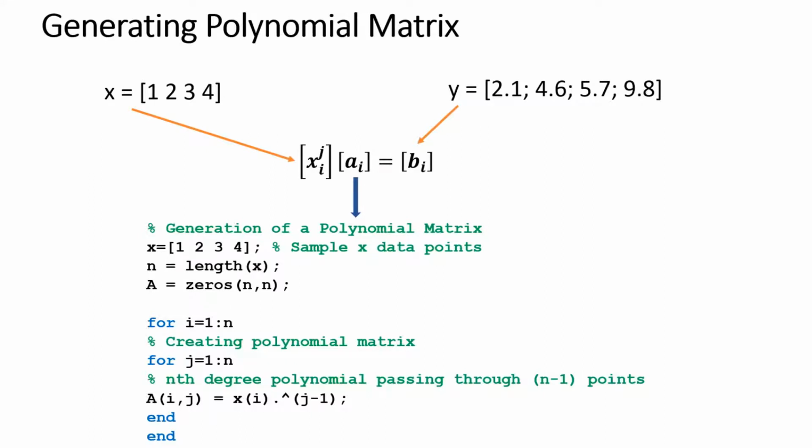To generate the 4 by 4 polynomial matrix from a single row vector, I have written a simple code using for loops. We have 4 data points, so the degree of the polynomial would be 3, and that's why in this loop, the power of x is 1 less than the total data points.